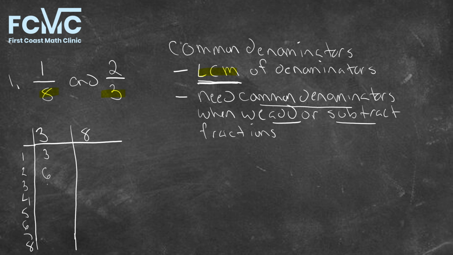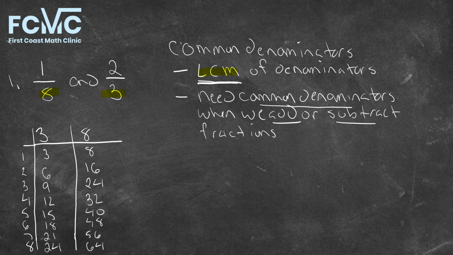So we'll get 3, 6, 9, 12, 15, 18, 21, and 24. Then we're going to do the same thing with 8. Multiply 8 times 1, times 2, times 3, times 4, times 5, times 6, times 7, and times 8.